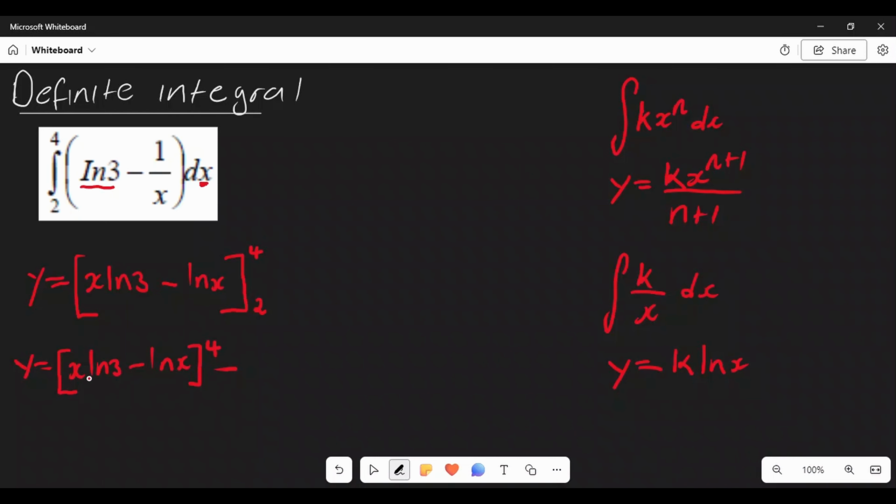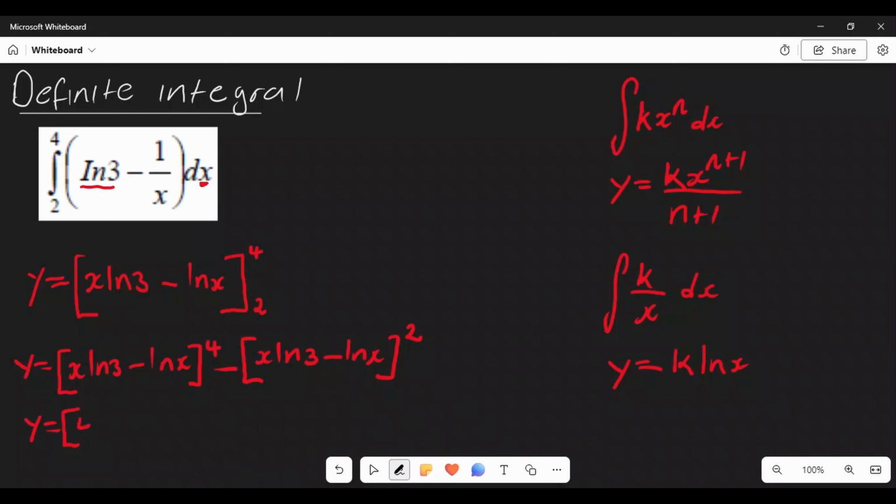Then you subtract this integral with the very same integral, but this time around with the lower limit, which is 2. Then the last step, you just substitute wherever there is x with the upper limit for this bracket. For the other bracket, wherever there is x, you substitute with the lower limit. So let's do it, guys.